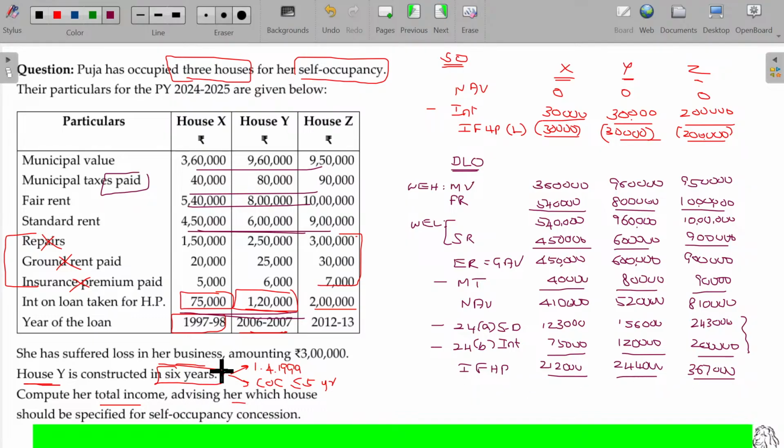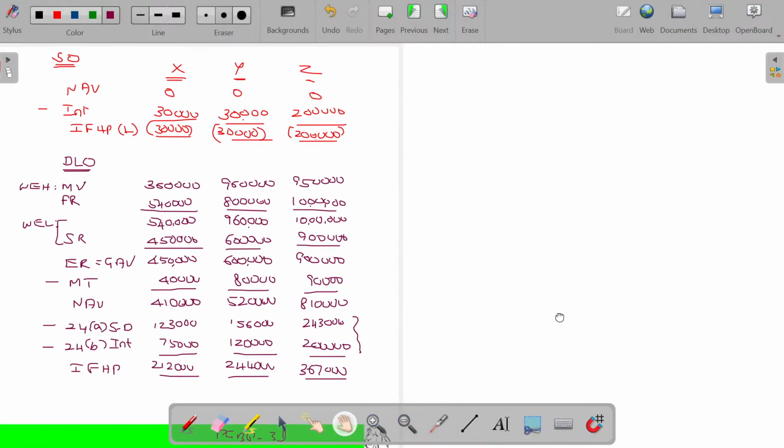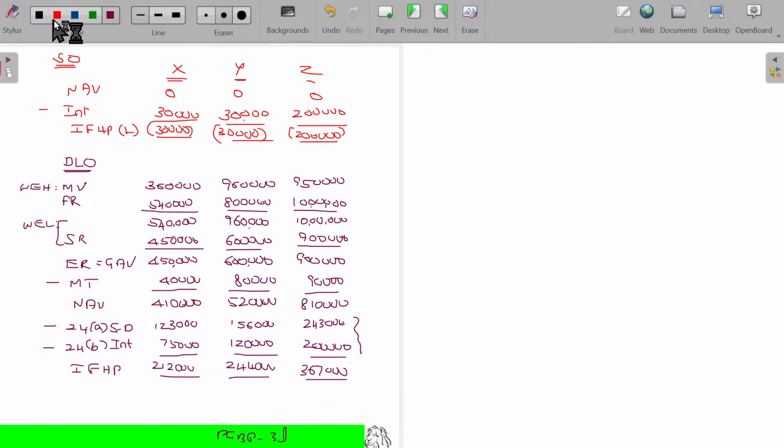Apart from that, we have been given there's a business loss, PGBP loss being 3 lakhs. Now it's our time to choose which among these three will be considered as self-occupied and deemed to be let out. For the combinations X, Y, Z, I assume this one and this one being self-occupied, and this one deemed to be let out.